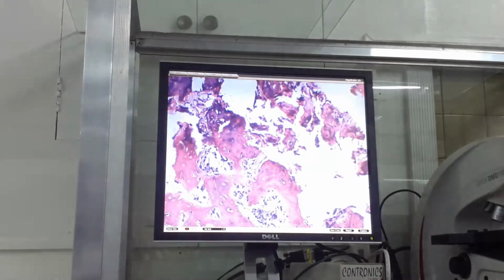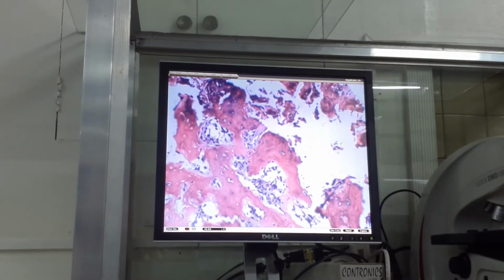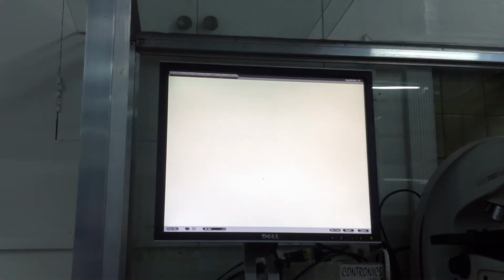Do you see pleomorphism, hyperchromaticity, increased nucleocytoplasmic ratio? No. What is the diagnosis? Osteoma. Oma lang ang didikit mo, di ba? Osteoma. Oh, may problema ba tayo dito? Wala. Bahala kayo sa side question, ha? Next.